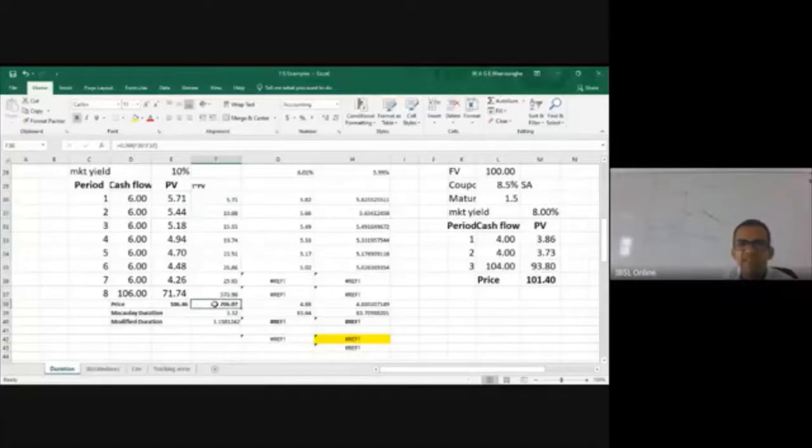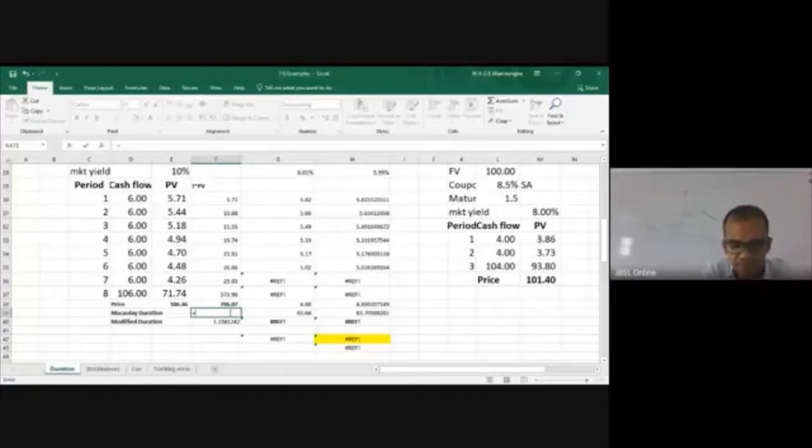We get 706.07. What did we do in the earlier example to calculate the duration? The sum of these present values multiplied by the time, we divide that figure by the price.